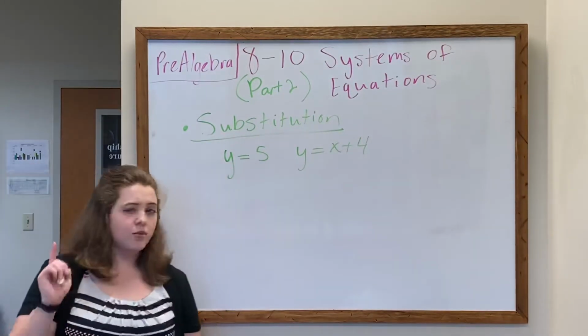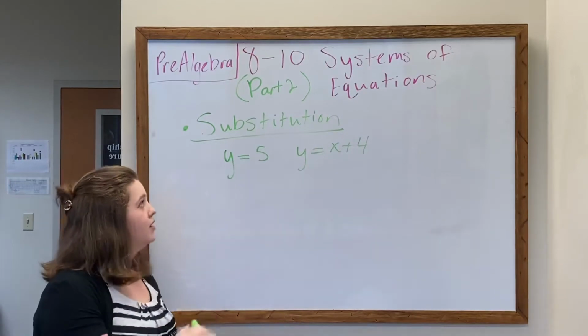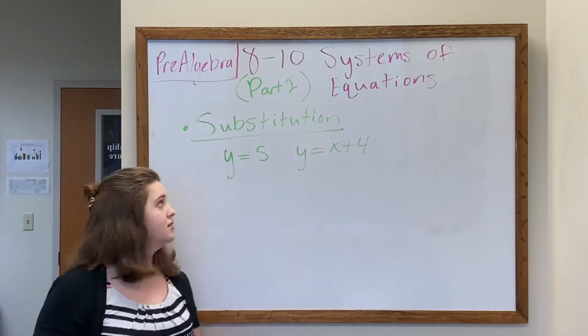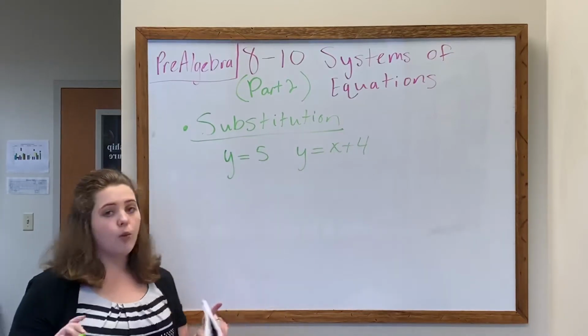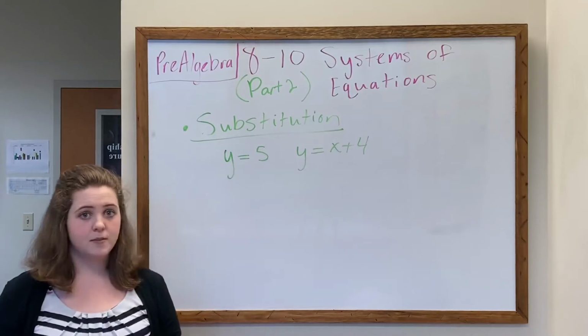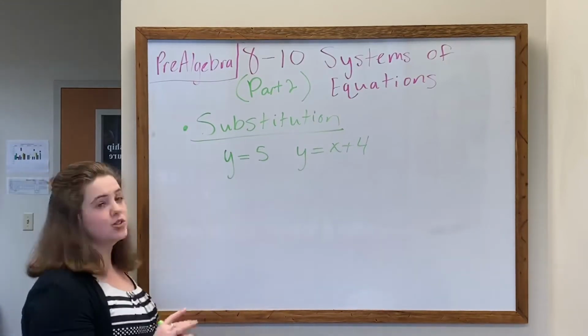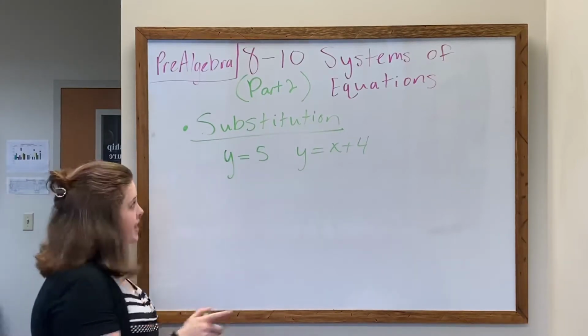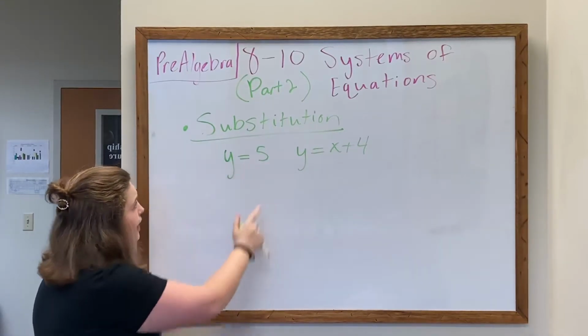Now if you remember right from yesterday, the way to solve a system of equations is to figure out what ordered pair is true for both equations. Just looking at these two equations, I can already tell that I have y equals 5 right here.